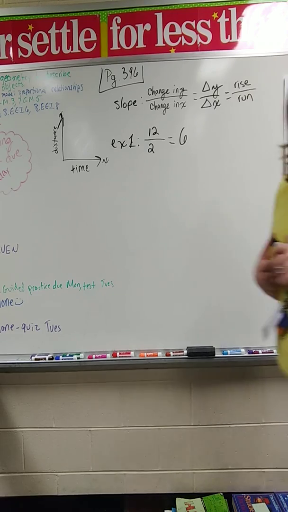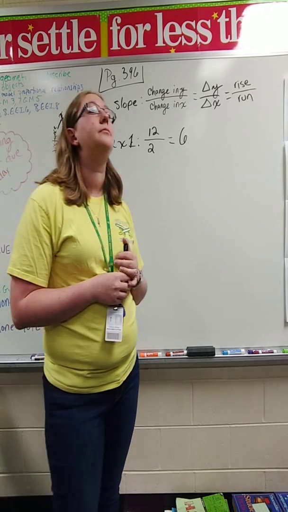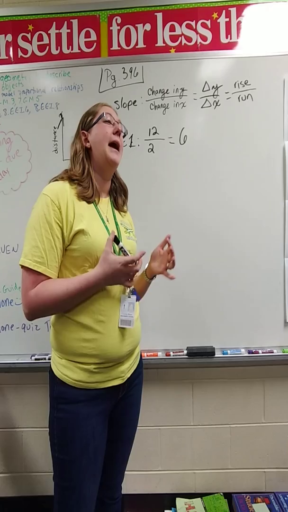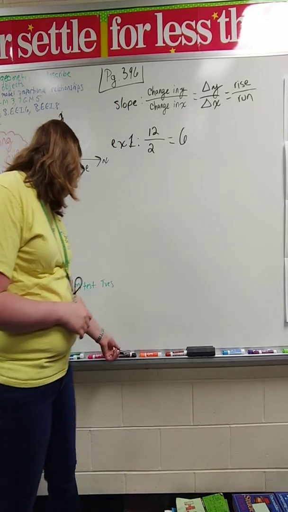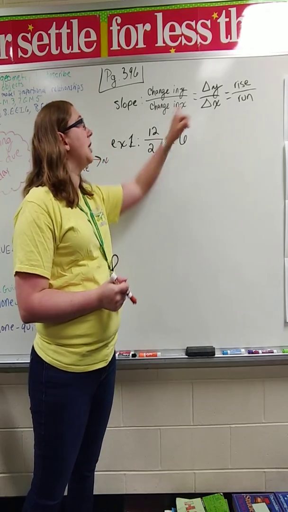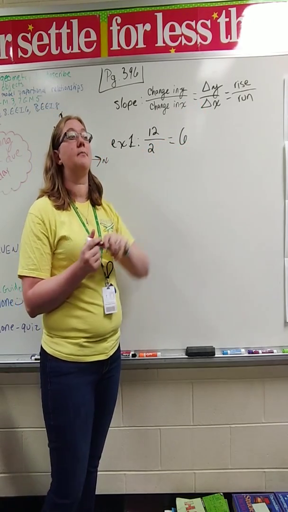In that example, we are given 2 points. We're given the points (2, -2) and (-4, 2). So what we have to do to find the slope of that line is find the change in y and compare it to the change in x.